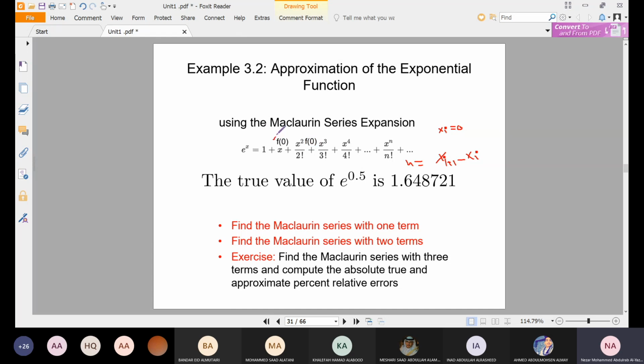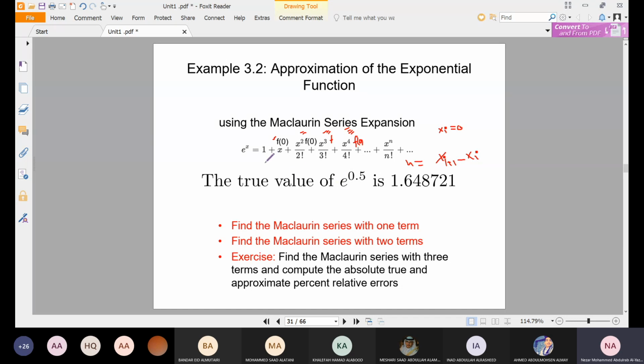Here this is the first derivative, this is the second derivative, here we have f of 0 third derivative, and here multiplied by f of 0 fourth derivative.